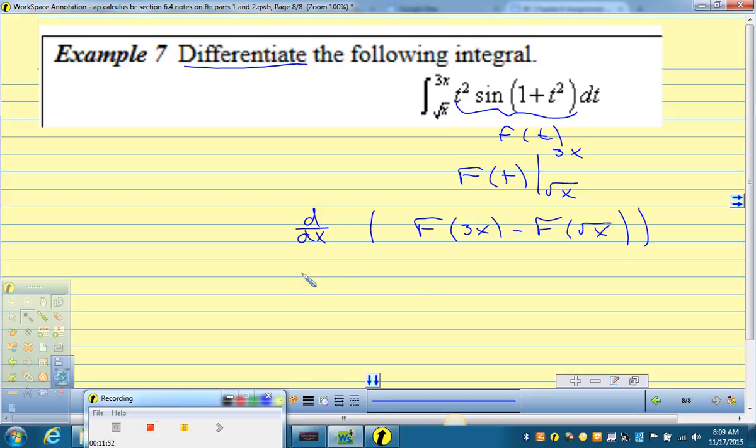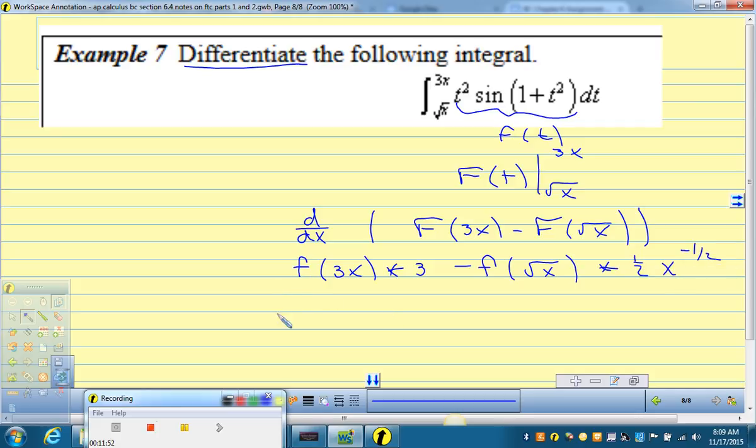And we get what? Lowercase f of 3x times 3, minus lowercase f of root x times 1/2 x to the negative 1/2.